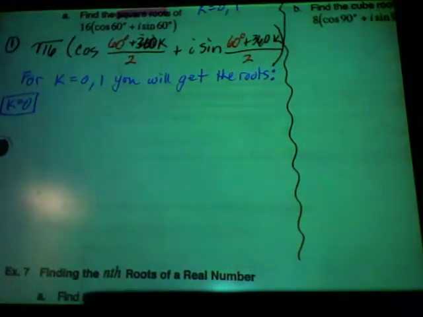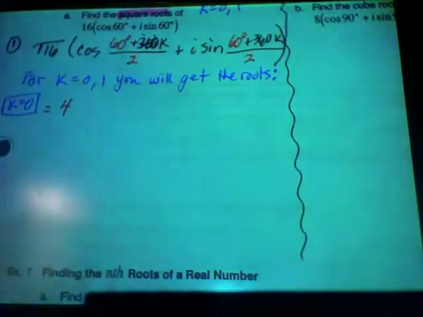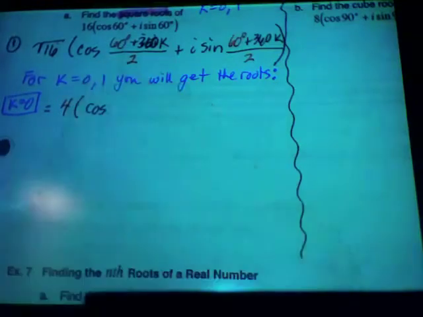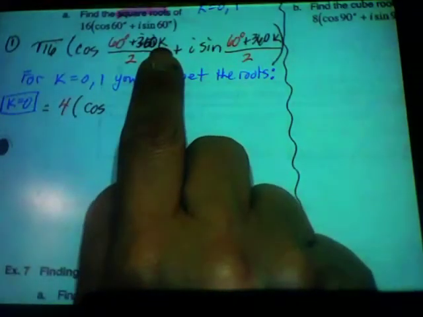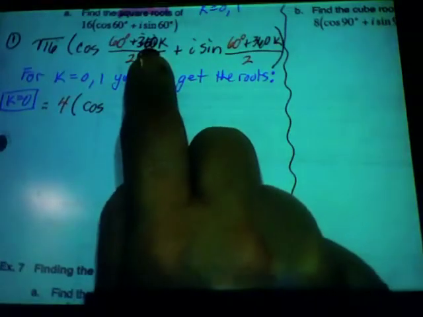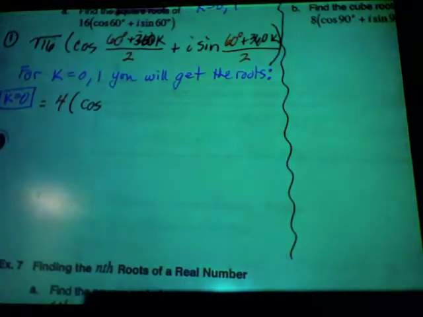What's the square root of 16? I get 4. Now cosine of, if k is 0, what's 0 times 360? 0. Plus 60? 60. Divided by 2? I just calculated this to be 30 degrees.